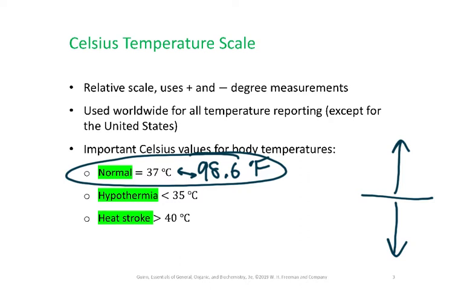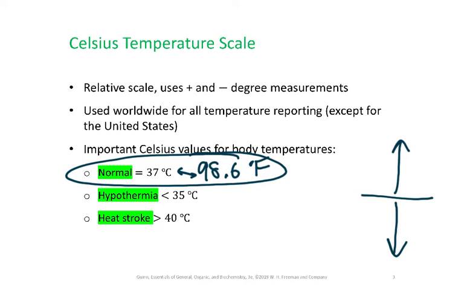Individuals can have different normal body temperatures. You might have some person who runs slightly high, some person who runs slightly cool, and so it's important, if you know that about yourself, that if someone takes your temperature and thinks that you have a high temperature, you can say, well, actually that's normal for me.